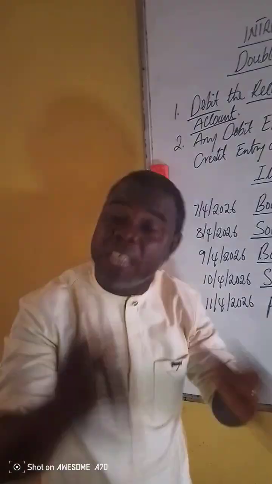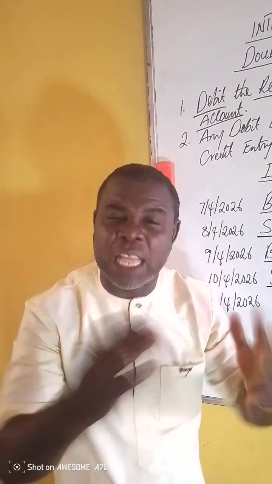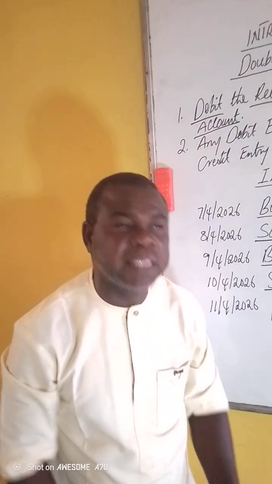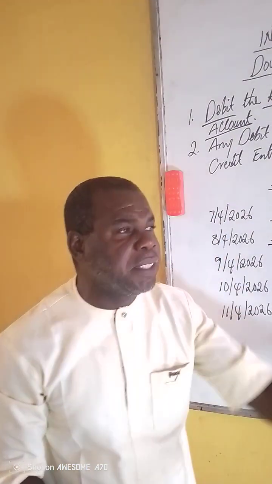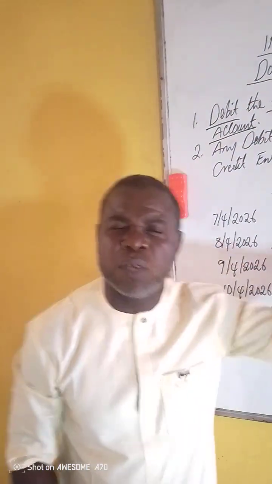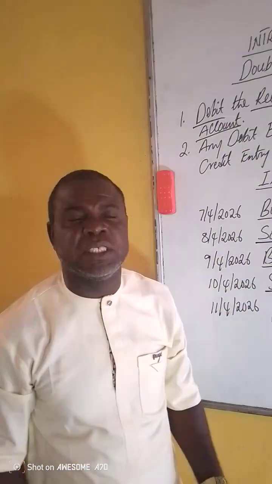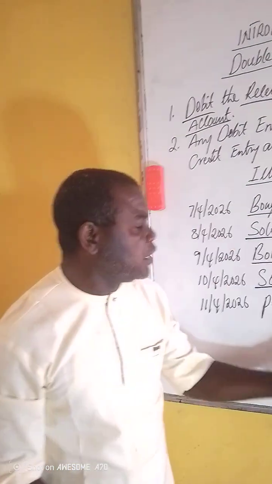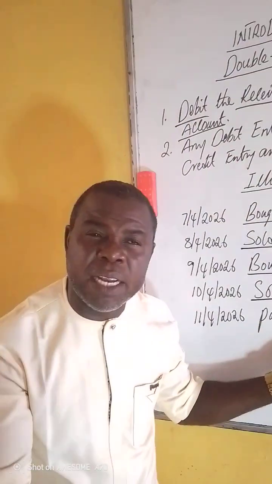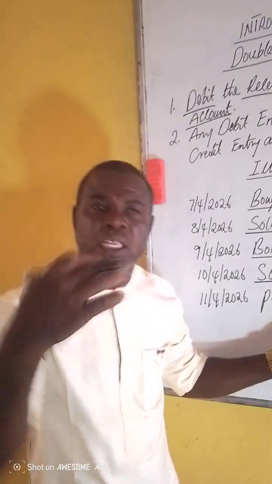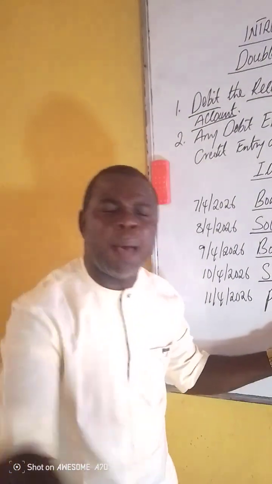I want to clarify here with emphasis that all services received by the business should be debited because the business gives out cash or a bank transfer to be able to receive services. What are the services? Services such as wages, salaries, insurance, electricity, printing, and many others.